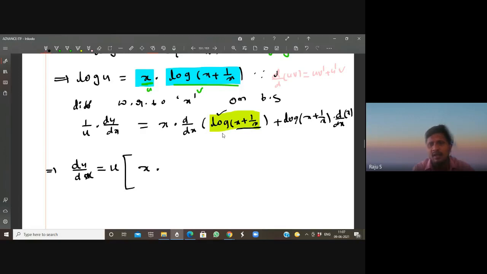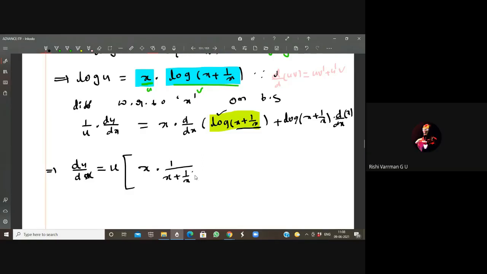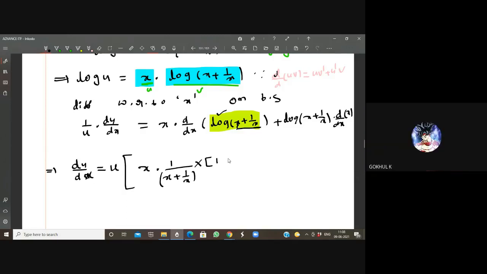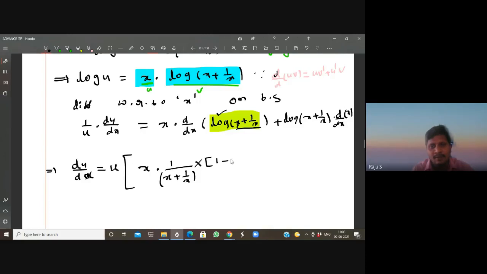What is the log x derivative? It is 1 by (x plus 1 by x) into again the derivative of x plus 1 by x. What is the derivative of x? 1. And the derivative of 1 by x is minus 1 by x square.